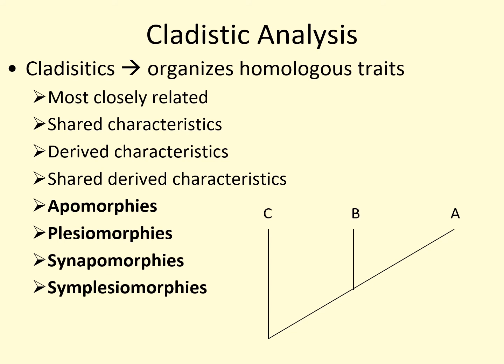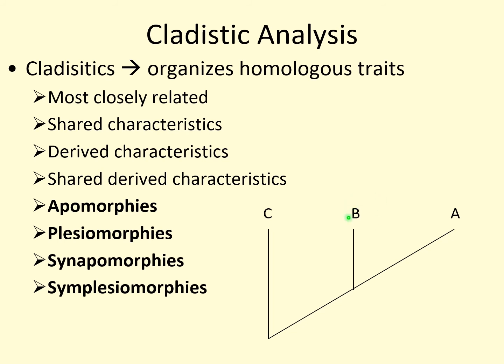Because C, B, and A are sharing that same primitive characteristic, that's called a symplesiomorphy. A symplesiomorphy is a shared primitive characteristic. In this case, A, B, and C all share that. Now, apomorphies are the derived characteristics.